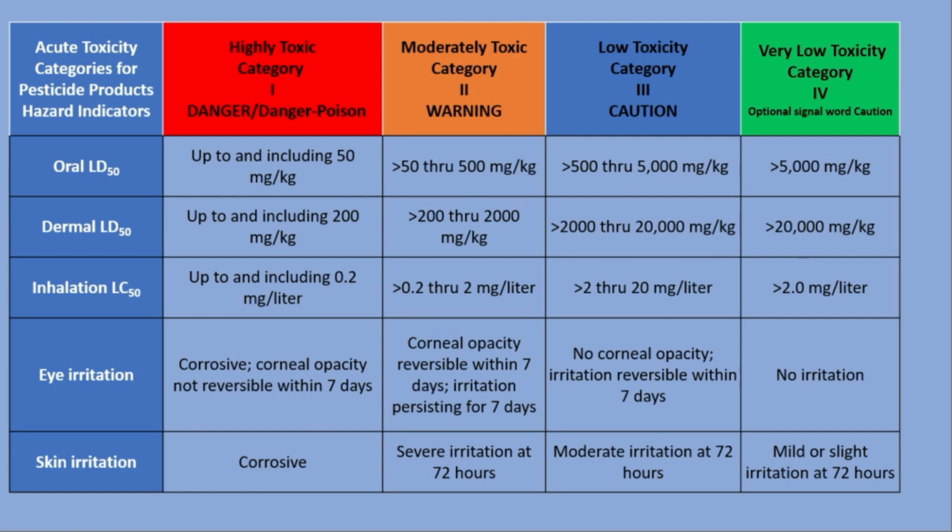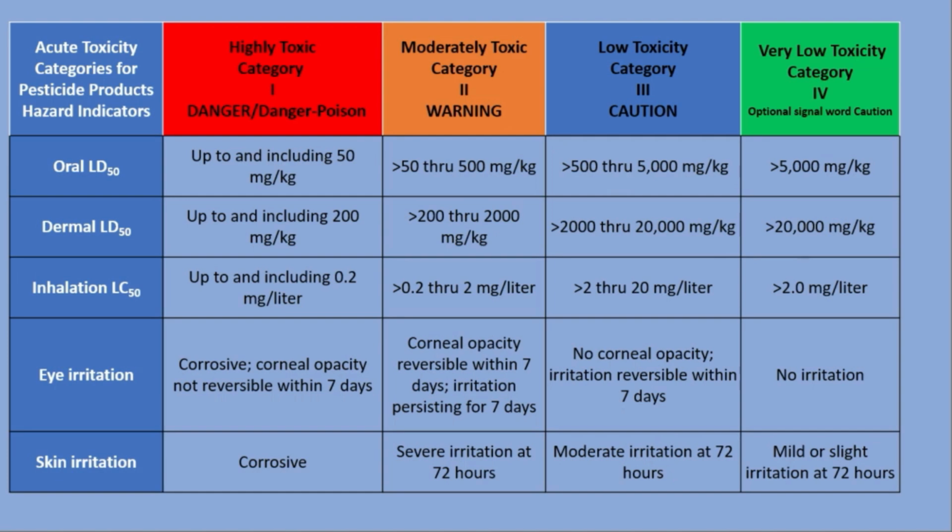We've got category 3 in column 3 in blue, which is going to be low toxicity, category 3 caution. And our final category in green is going to be very low toxicity, category 4, optional signal word caution. Looking back on the left side of our screen, you can see we're starting by looking at an oral LD50.